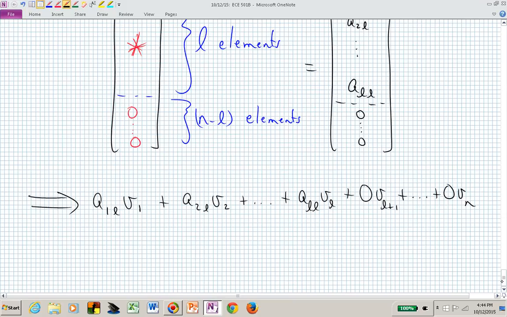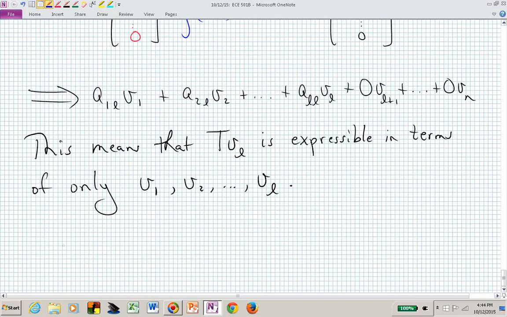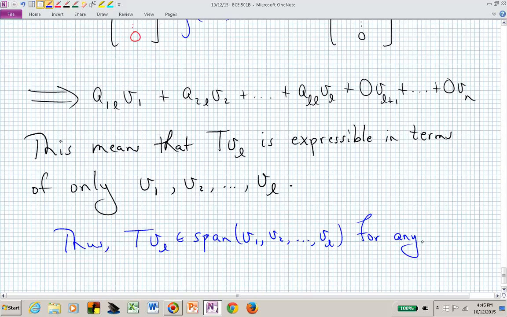T v sub L is now written as a linear combination of the first L basis vectors, V1 through V sub L. This means that T v sub L is expressible in terms of only V1, V2, V sub L. Or, stating that another way, thus, T v sub L is actually an element of the span of V1, V2, V sub L for any L.